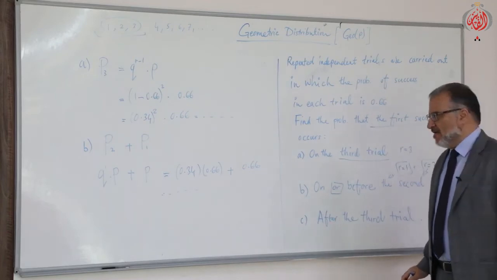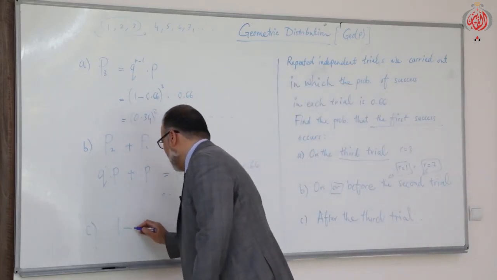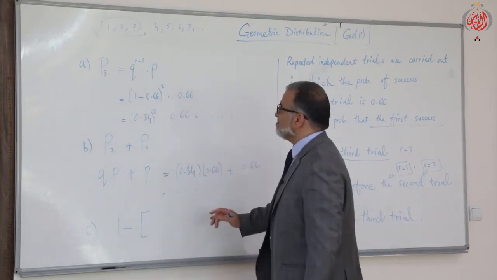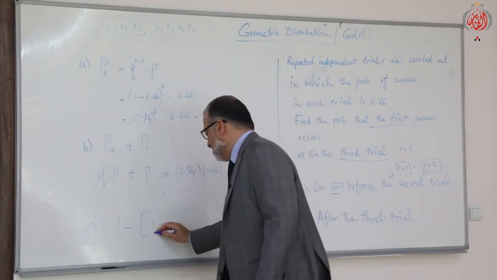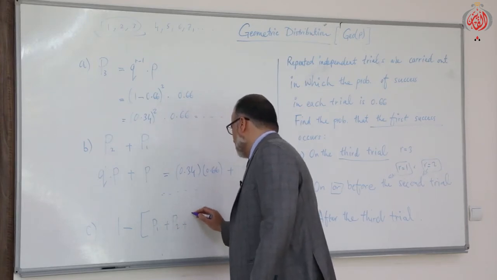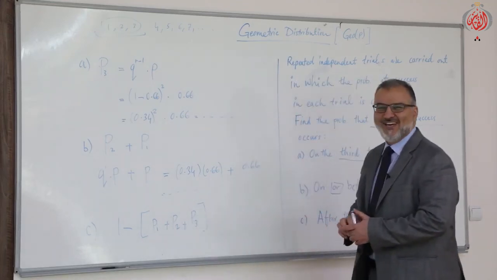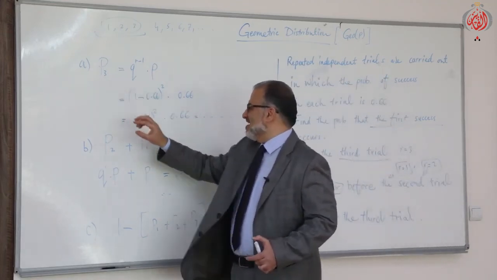Is that clear? So to calculate it, it is nothing but 1 minus the probability of 1 plus the probability of 2 plus the probability of 3. Look here, this is probability 3.